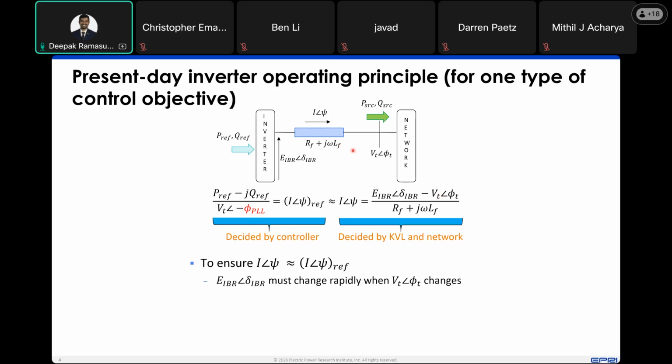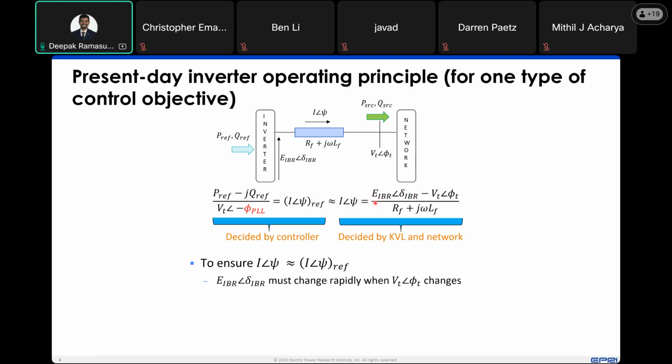So now let's say a disturbance occurs. If a disturbance occurs on the grid where the terminal voltage changes, then if everything else remains the same on this side, in order to keep this current the same as the current reference, the inverter controls should ensure that the voltage developed at the terminal changes rapidly.